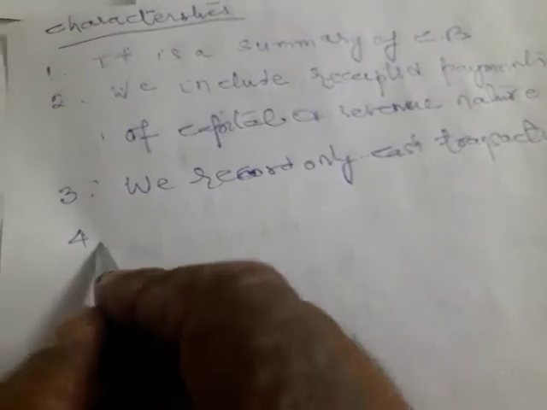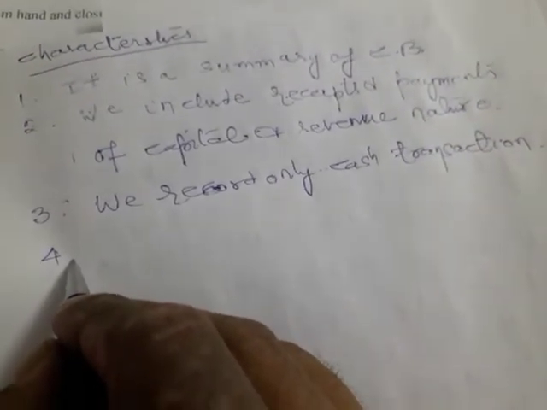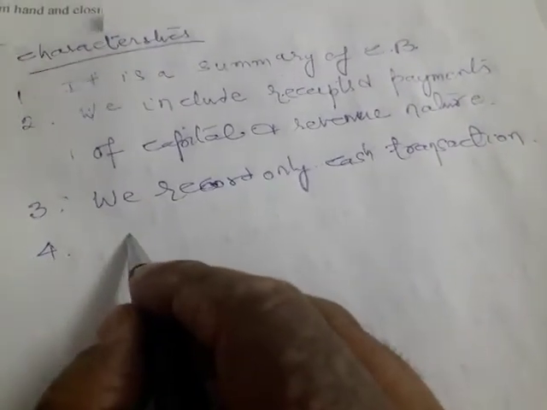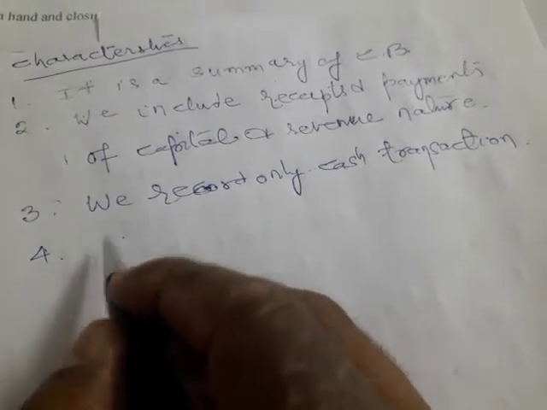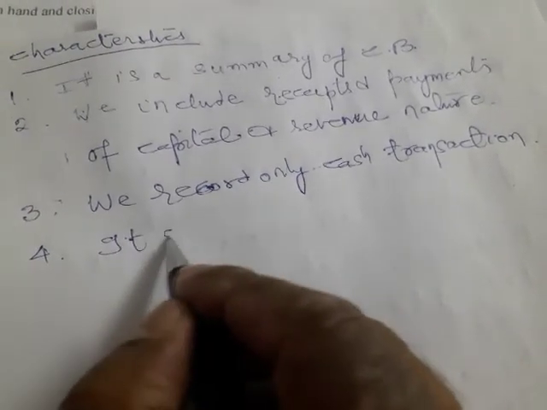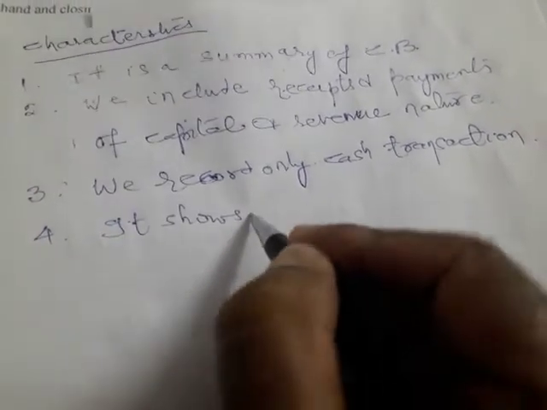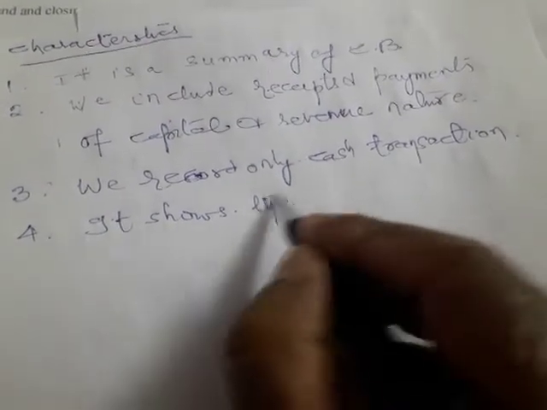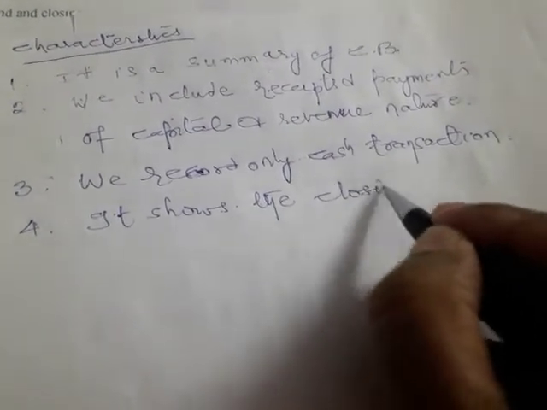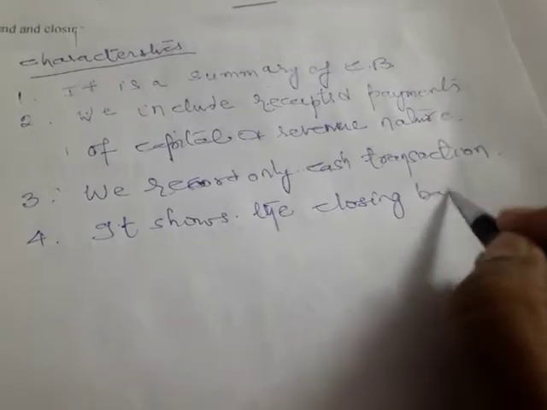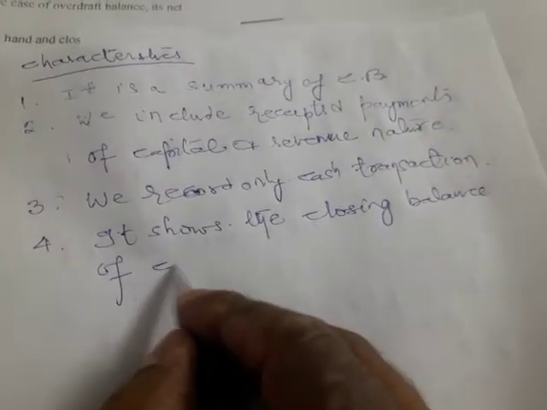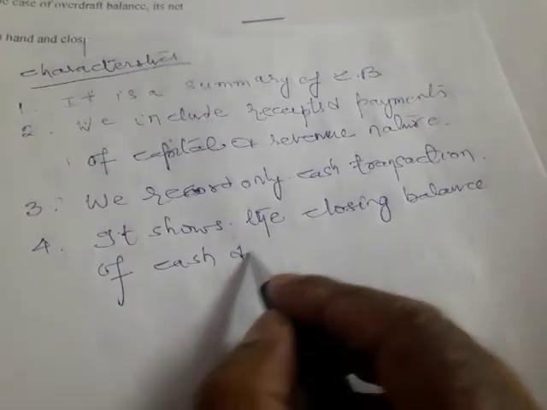Number 4, it shows at the end of the accounting year the closing balance of cash and bank.